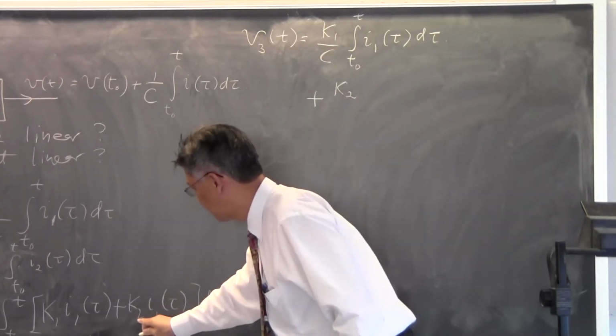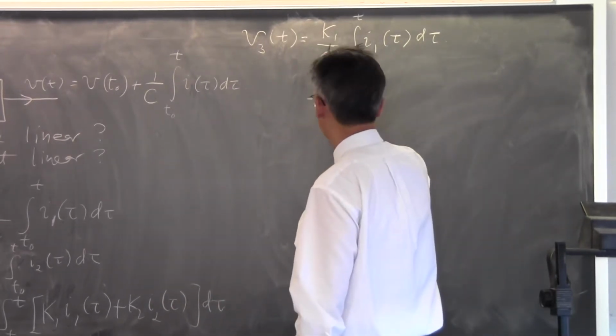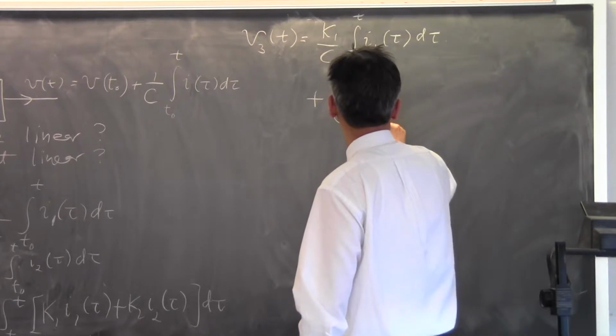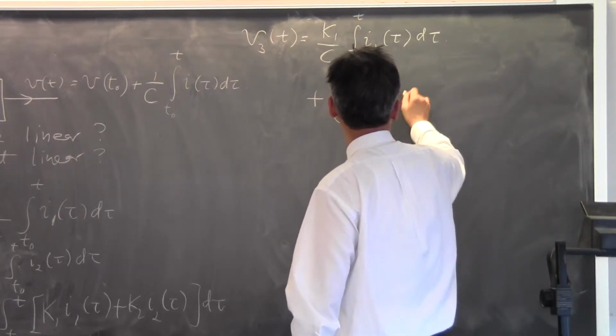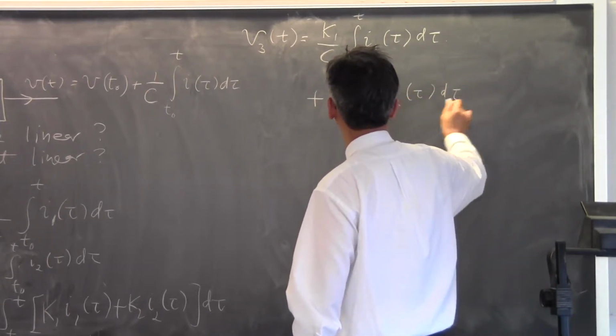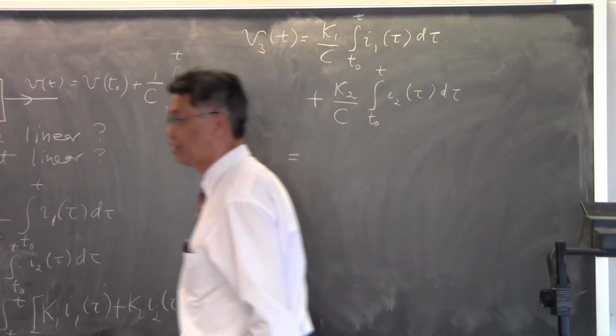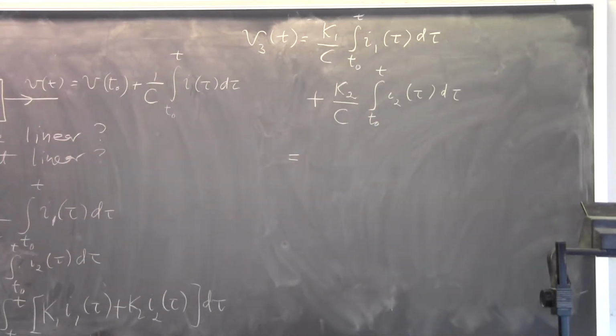If I take K2 and the C outside, it will be the integral of I2(tau) d tau. So what is V3 expressed in terms of the previous outputs? If I use the previous outputs to write the right-hand side of V3, it is K1 V1 plus K2 V2.